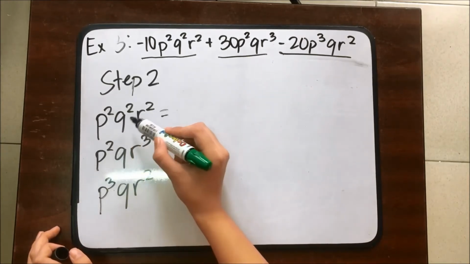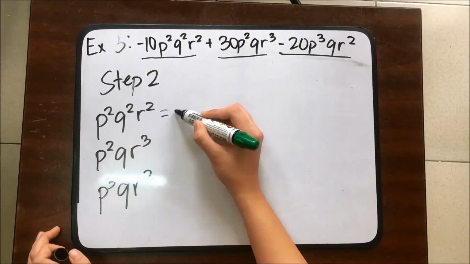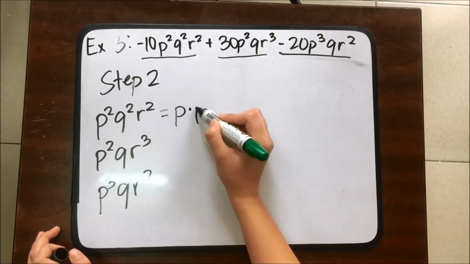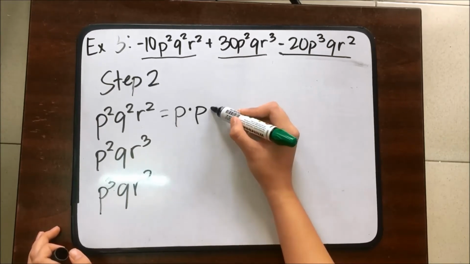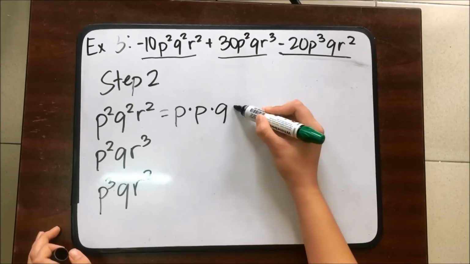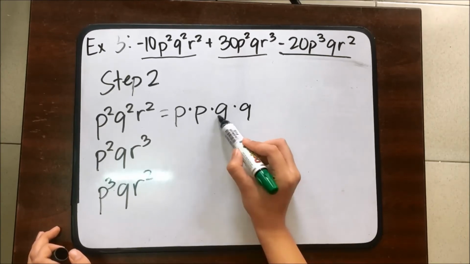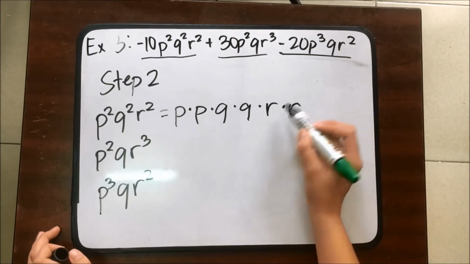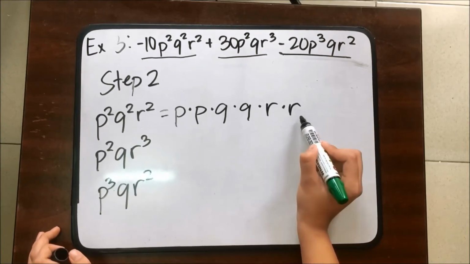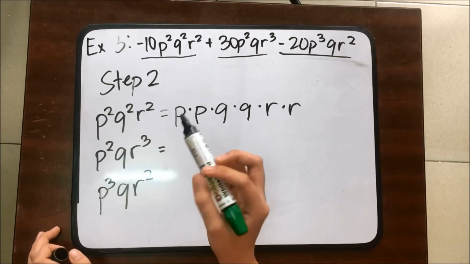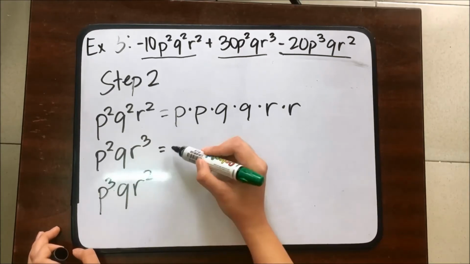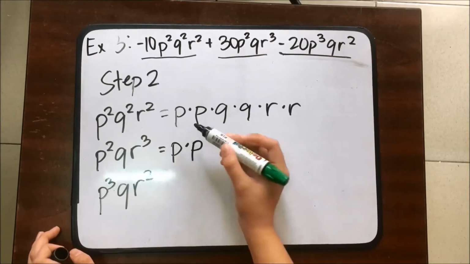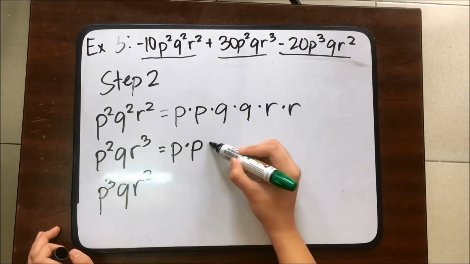So p squared, q squared, r squared is equal to p times p for p squared, times q times q, this is for q squared, times r, this is r squared. And for this next variable, we will also list their factors. So p times p, p squared, times q.